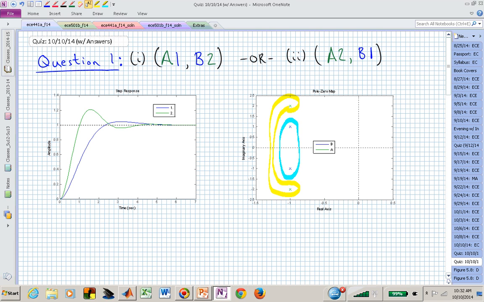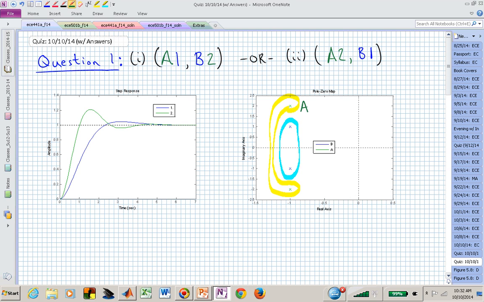For the first particular set of poles, let me be a little more explicit about which pole is which. Pole A is the green pole on top, and pole B is the lowest pole in the bottom, in the third quadrant of the complex S-plane.